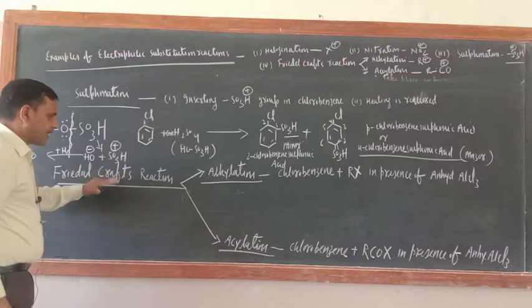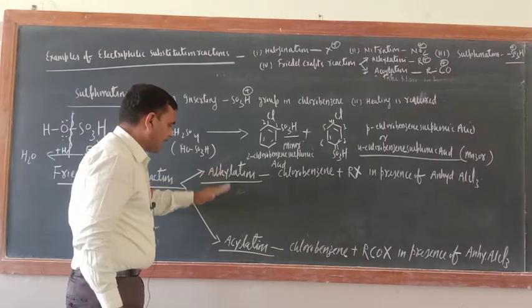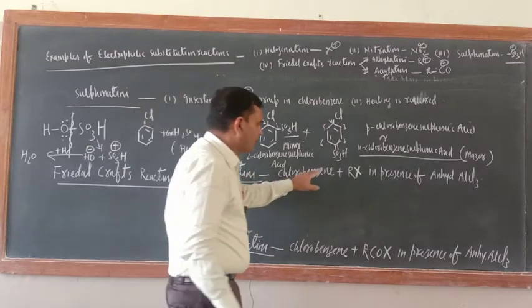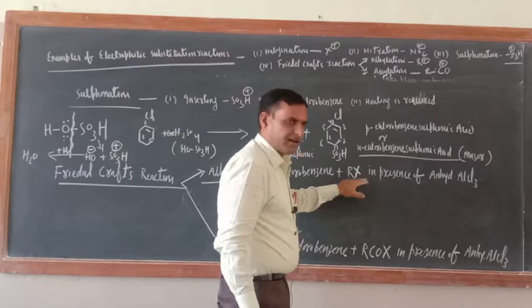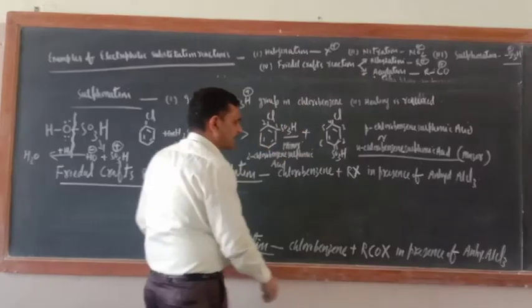Next one is the Friedel-Crafts reaction. Friedel-Crafts reaction is of two types, alkylation and acylation. What is the meaning of alkylation? Chlorobenzene plus RX: when chlorobenzene reacts with an alkyl halide in the presence of anhydrous AlCl3.